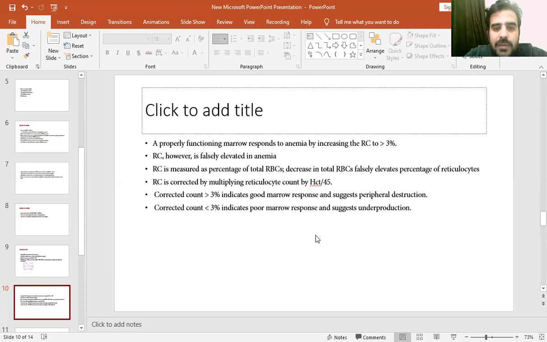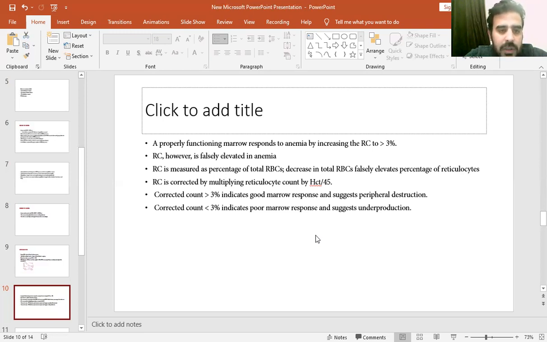So the RBCs over there will produce the reticulocytes that are replacing the destroyed RBCs. It will be higher. However, this elevation we call the false elevation. So it is corrected by multiplying the reticulocyte count.